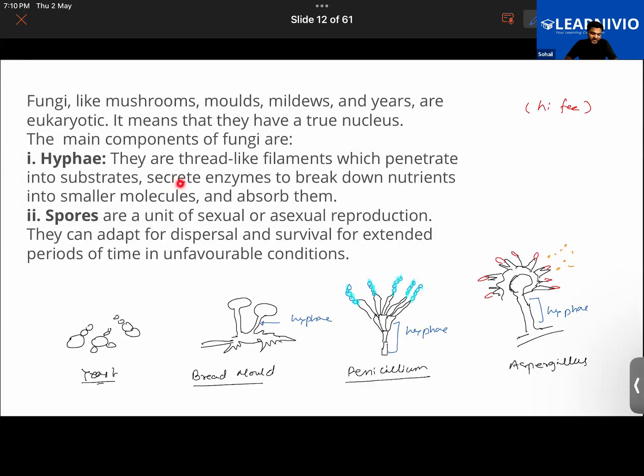So you can see what I have written here, that these thread-like filaments penetrate into the food. Substrate basically refers to the bread mold or any kind of food here. They secrete chemicals like enzymes, break down nutrients into smaller molecules, and then absorb them.